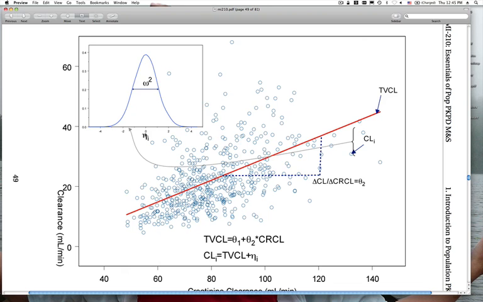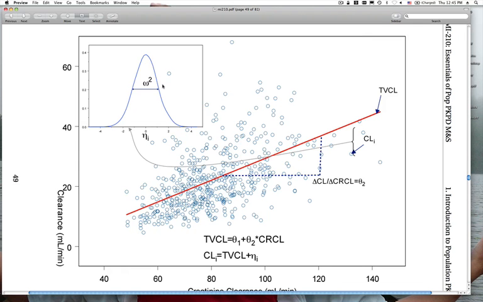We make an assumption in our parametric maximum likelihood methods that the distribution follows a particular shape. And that is a normal distribution centered at 0, with a mean of 0 and a variance called omega squared. So the population distribution of etas is assumed to be normal, mean zero, variance omega squared.